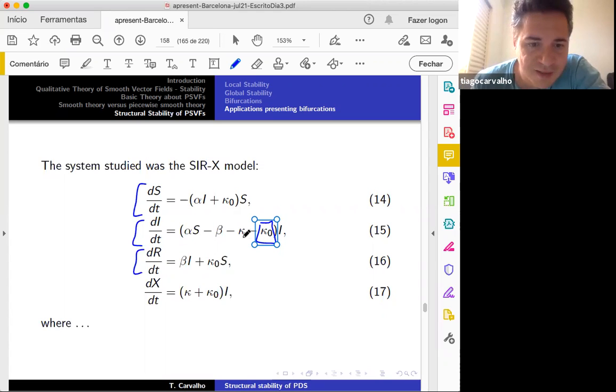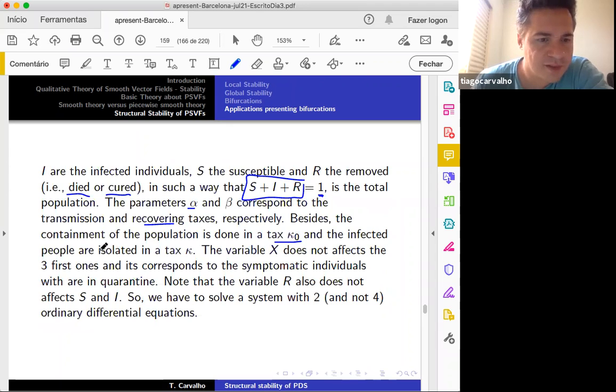And the parameter kappa corresponds to an individual that is contaminated. So this individual must be isolated.